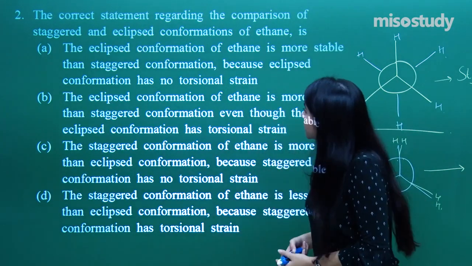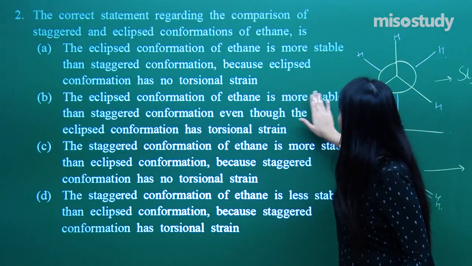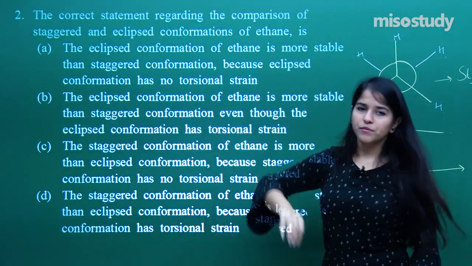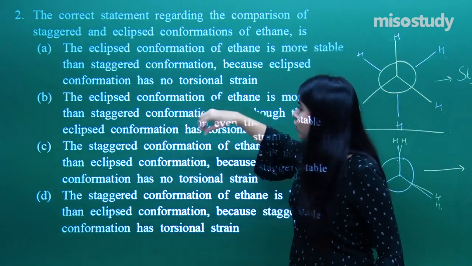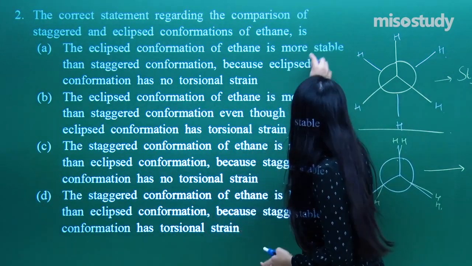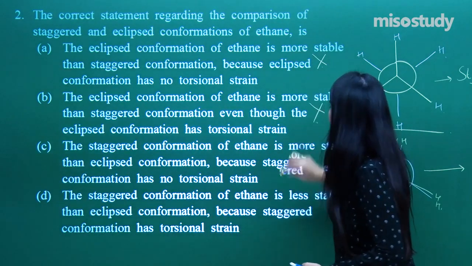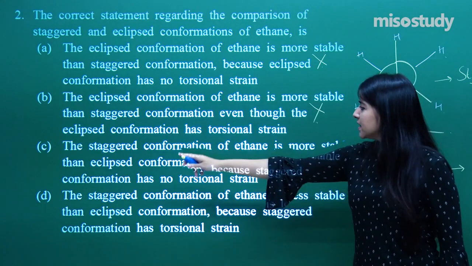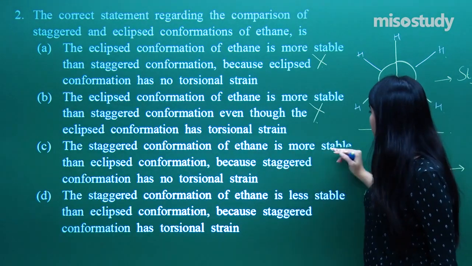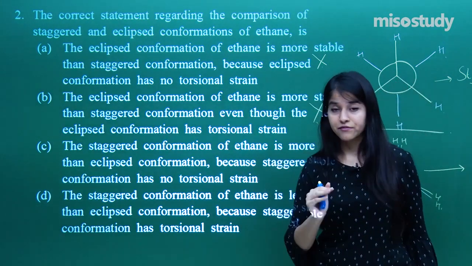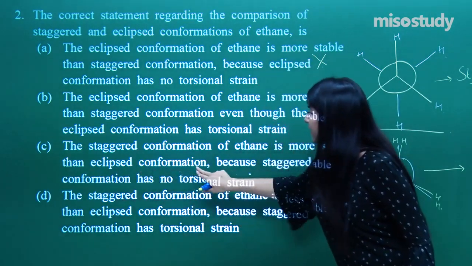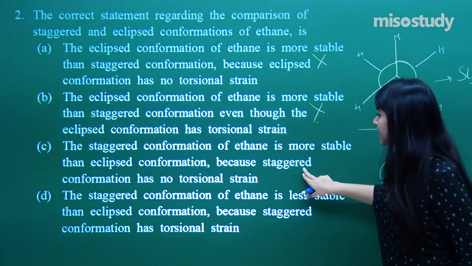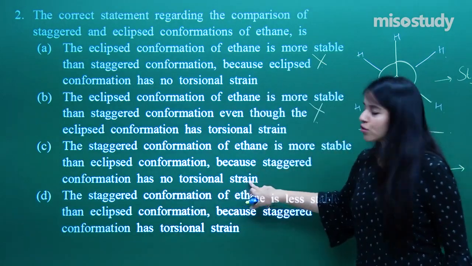The next option says the eclipsed conformation is more stable than the staggered conformation. Again, not possible. Next, the staggered conformation of ethane is more stable than the eclipsed conformation, because staggered conformation has no torsional strain. Yes, that is definitely true.